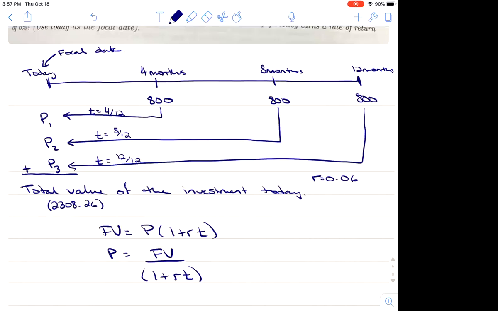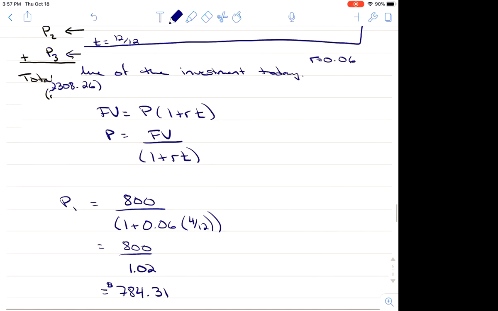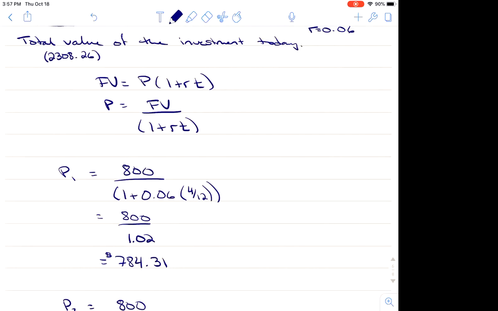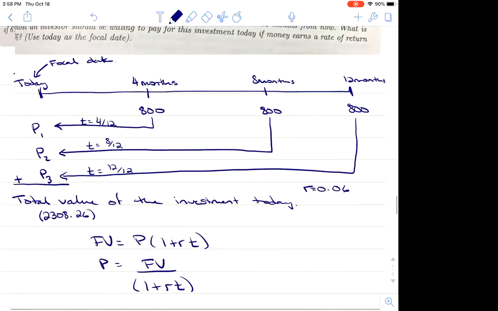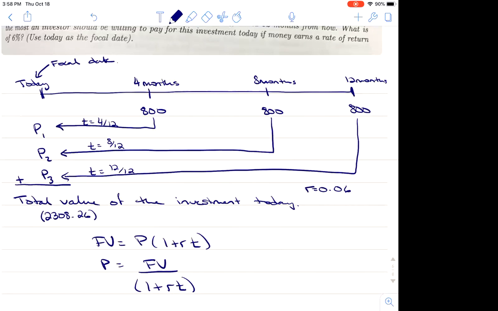So that's the idea behind equivalent payments: 2308.26 today is worth what this would be on that time interval. Just like if you think about just P1, 784.31 is equivalent to $800 4 months from now.